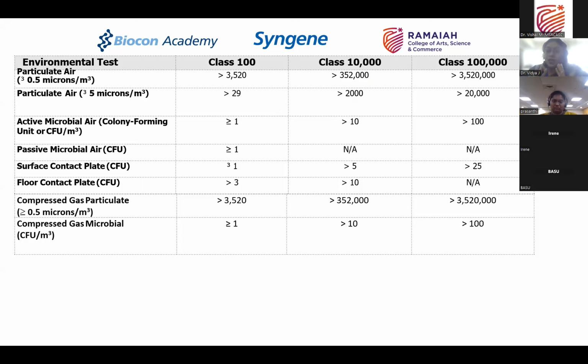And another important factor that I didn't tell you till now is compressed gas microbial forming units. Now, you are aware that any kind of cell culture requires carbon dioxide. Any anaerobic organisms are also going to require air.